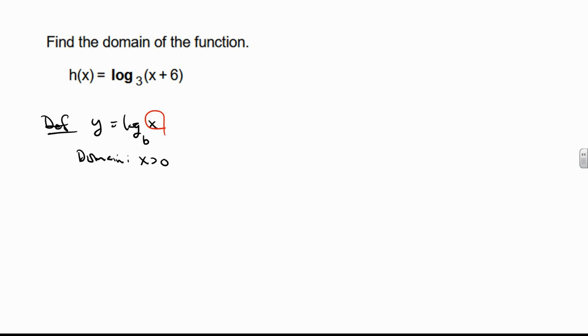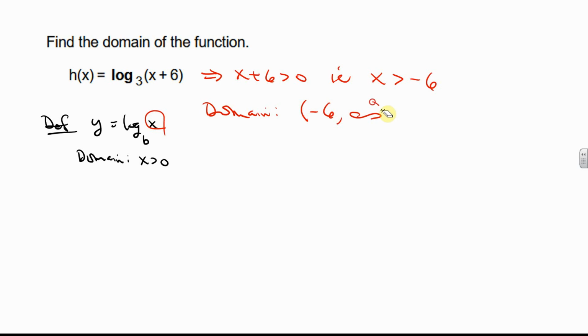So here, what's there for this problem is the x plus 6. So this implies that x plus 6 has to be greater than 0. Get the x by itself, that is x has to be greater than negative 6. So our domain is, in parentheses, negative 6 all the way to positive infinity. That's our domain. Does that make sense?